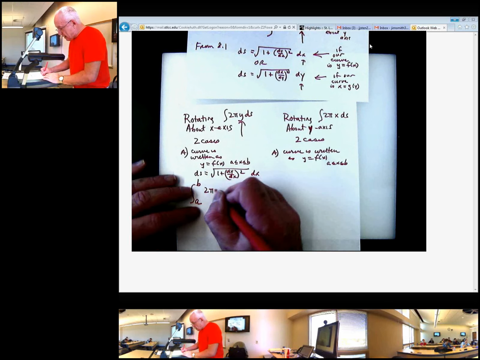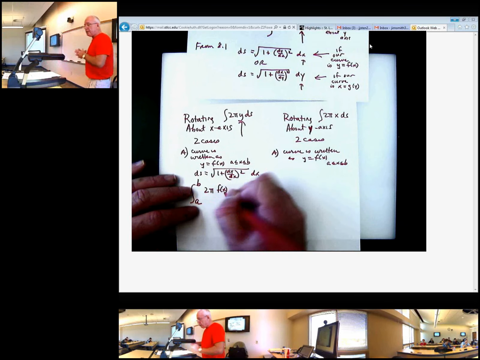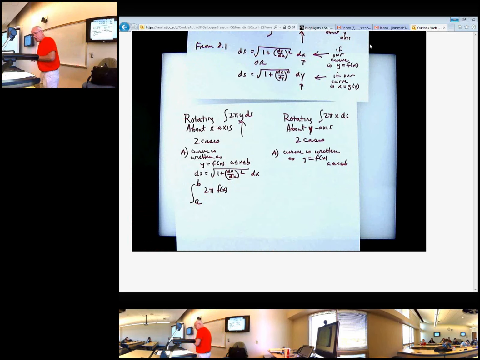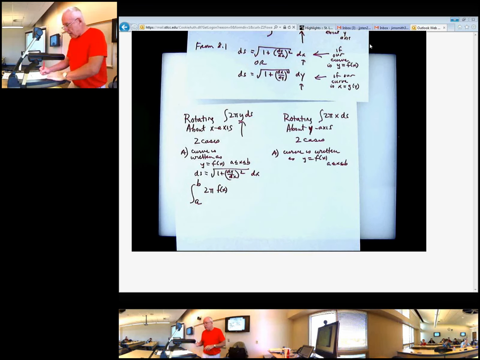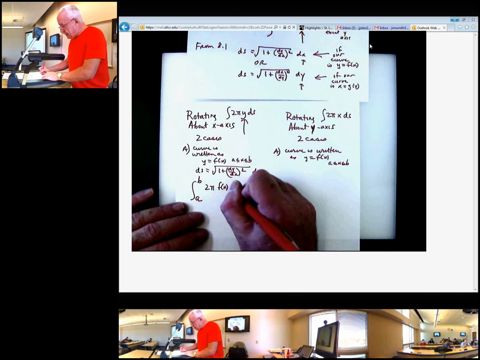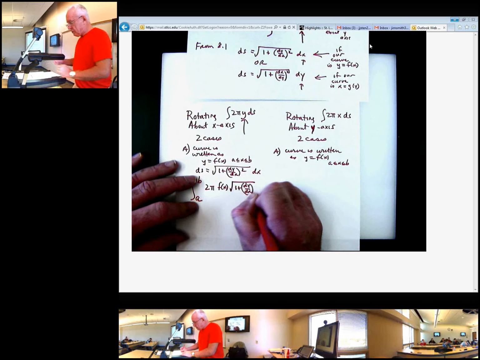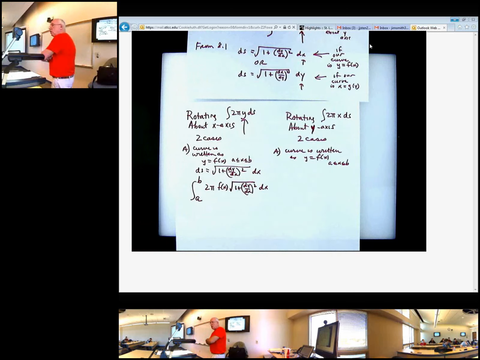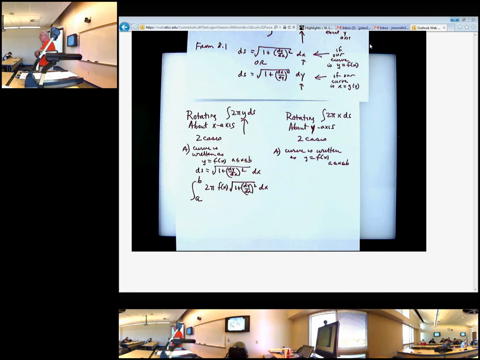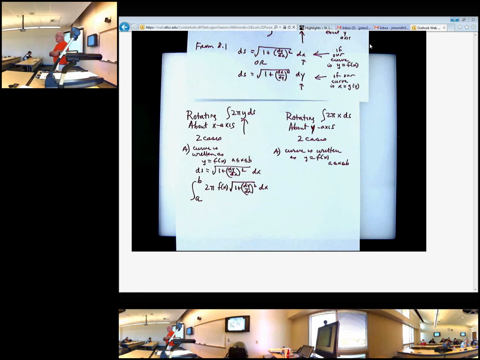So I'm going to write the function of x, f of x, times my ds, which is going to be the square root of 1 plus dy dx squared, dx. This all looks potentially horrible as far as getting antiderivatives, but you're going to find in the problems that lots of things cancel out, and the antiderivatives aren't bad.